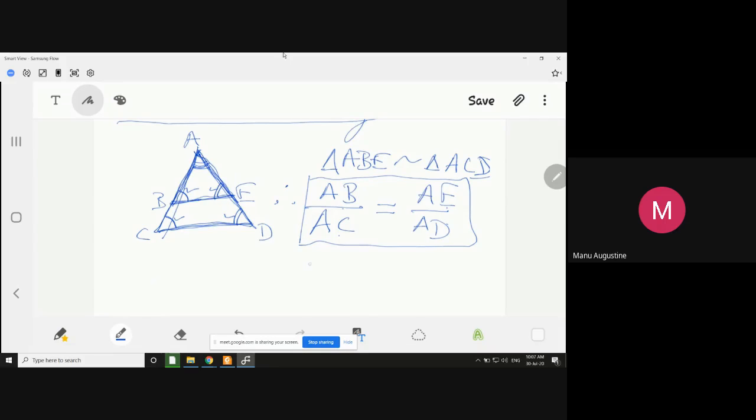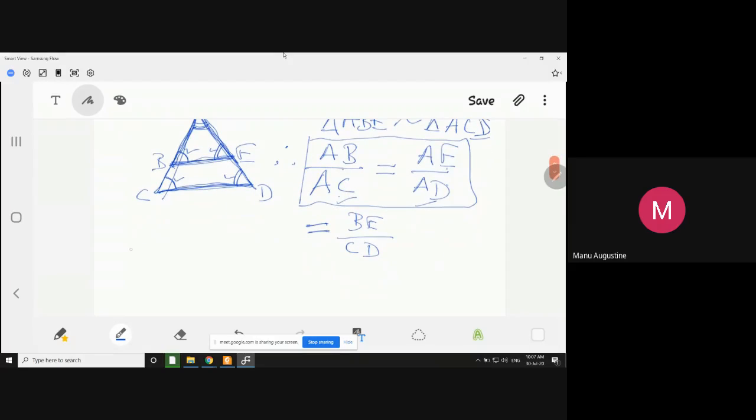And I can even write that these two ratios are also in turn equal to the ratio of BE by CD, that is the ratio of these two corresponding sides. So this ratio relationship, that AB by AC will be equal to AE by AD will be equal to BE by CD.